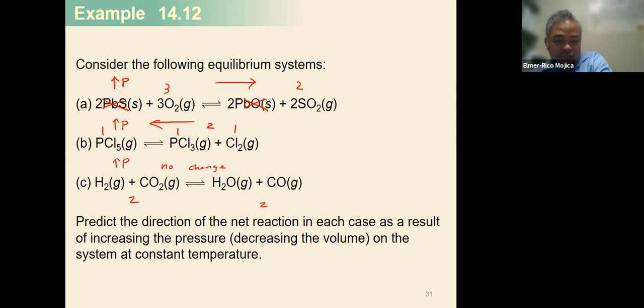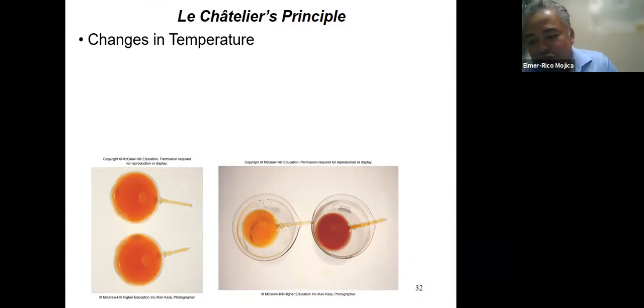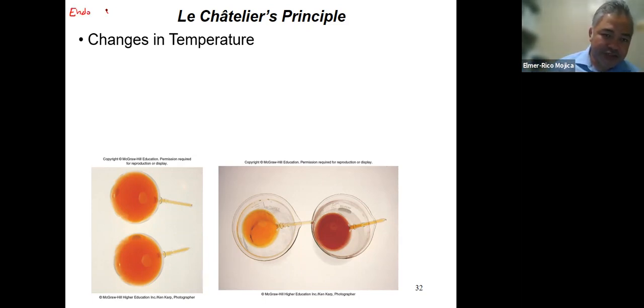Now, the other thing that we need to remember, in addition to pressure and volume, is the temperature. What did we say earlier? The K value changes with respect to temperature. Now, in order to look at the changes in the temperature, you still remember the endothermic and exothermic reaction?